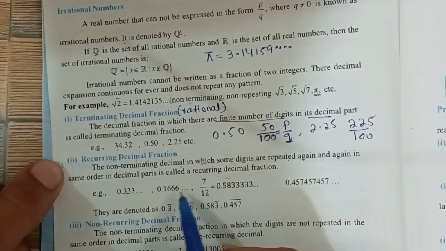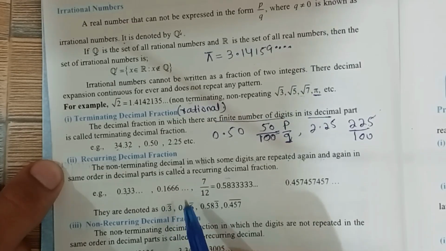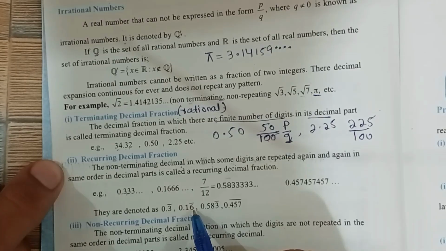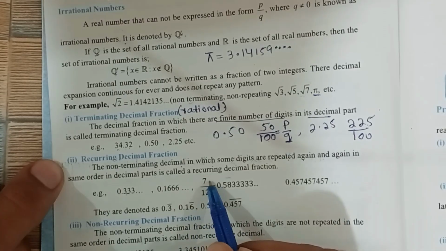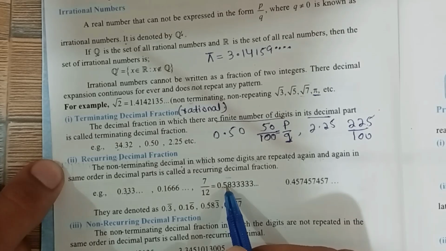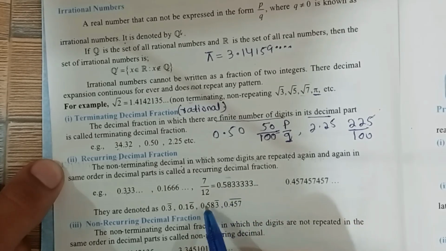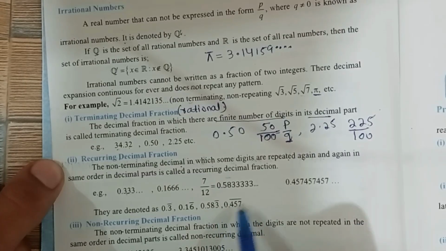The next is 0.1666, which is 0.16 bar. It is 7 over 12 is equal to 0.583333 and continued. Okay, 0.583 bar.